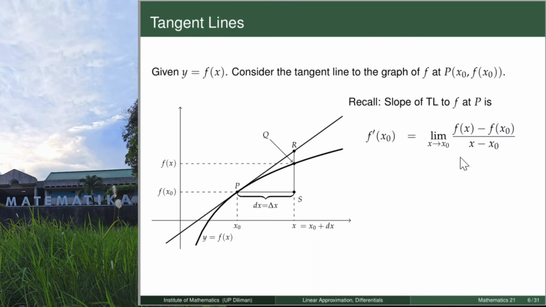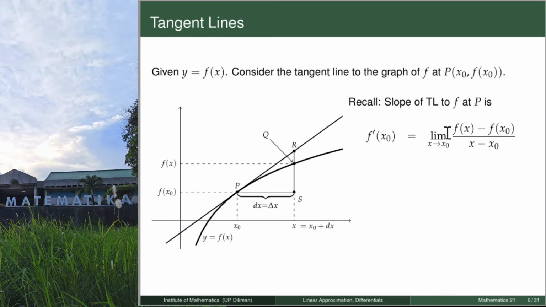This expression here stands for the slope of the secant line passing through P and Q, where Q has coordinates x, f of x. Why is this the slope? Because the numerator is the difference of the y coordinates, while the denominator is the difference of the x coordinates. So it's the slope of the secant line joining P and Q.